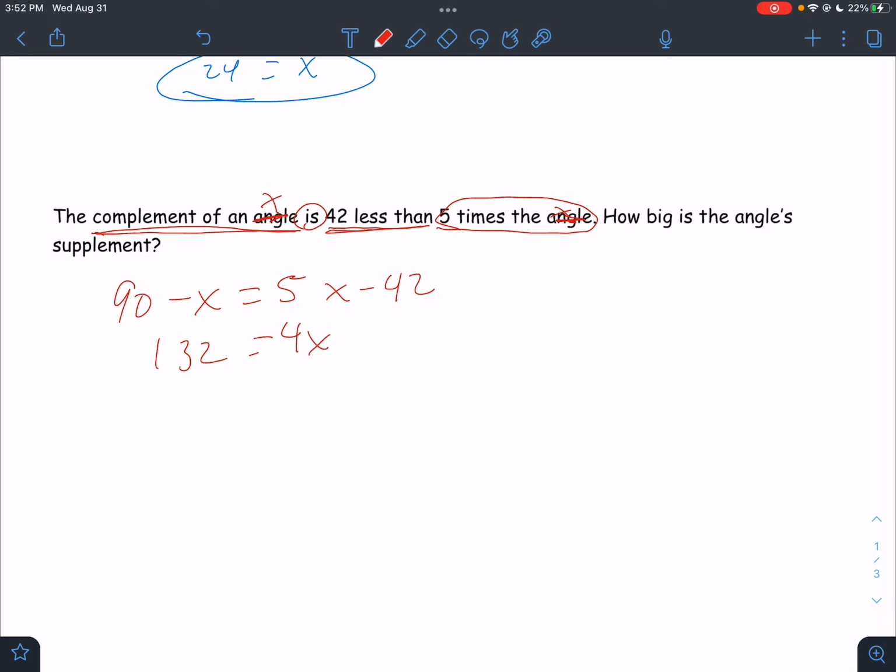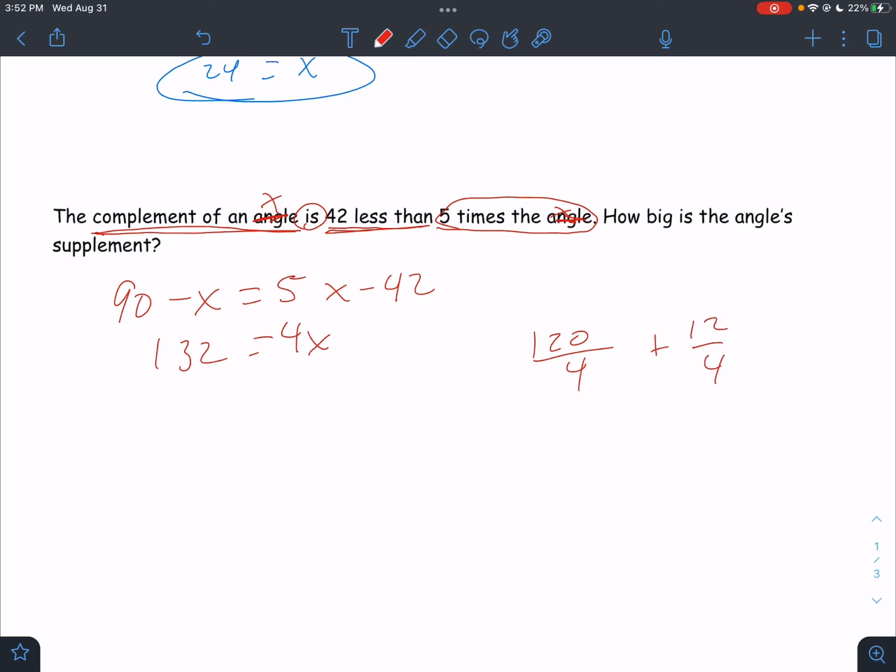I do not know 120 divided by 4. But I can think of a number close to 132. Spoiler, it's going to be 120. I know 120 divided by 4. Well, if I do 120 divided by 4, how much is left over? I have to do another 12 divided by 4. I can do those.